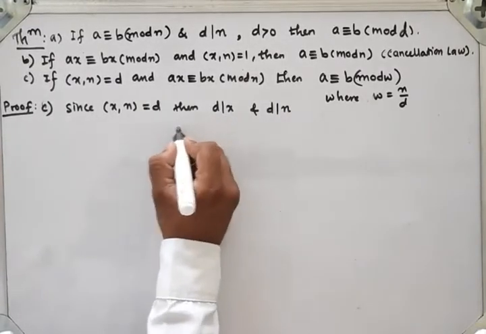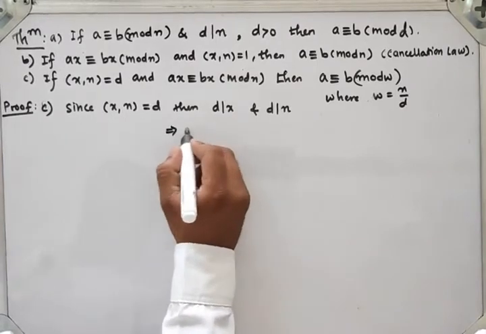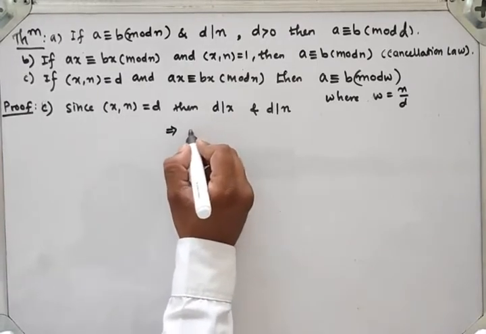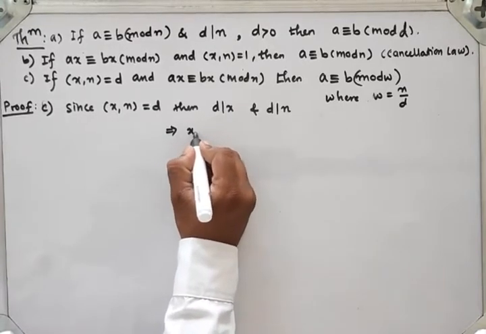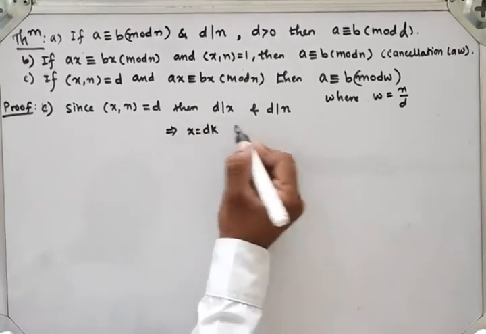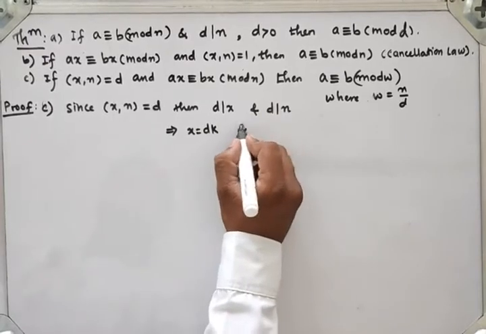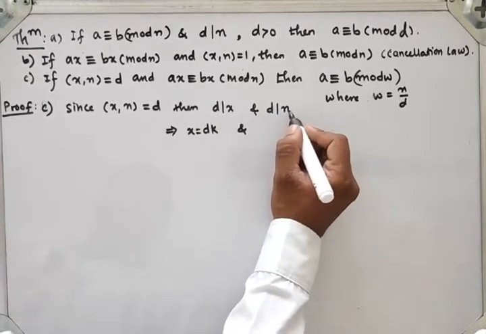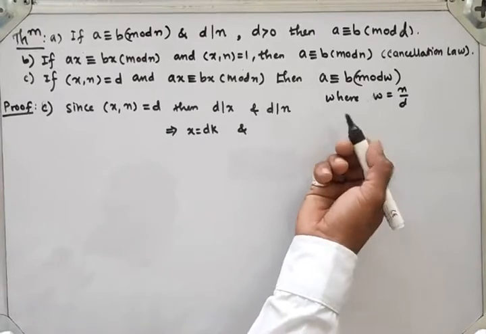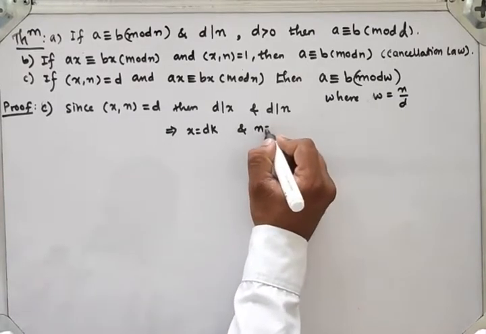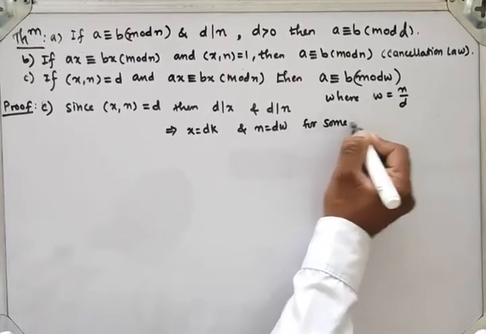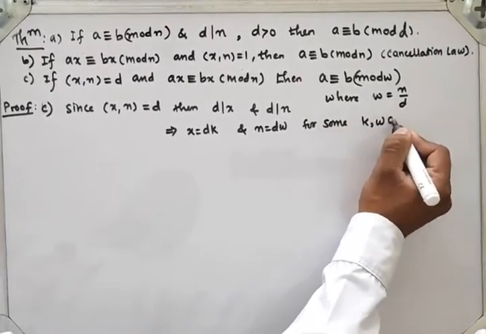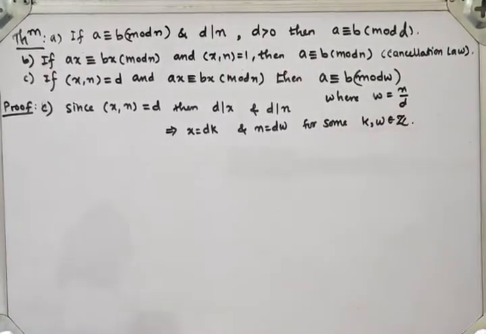So d divides x, then there exists some k such that x is equal to dk, and d divides n, then there exists another integer w, so n is equal to dw for some k and w belonging to the set of integers, right?